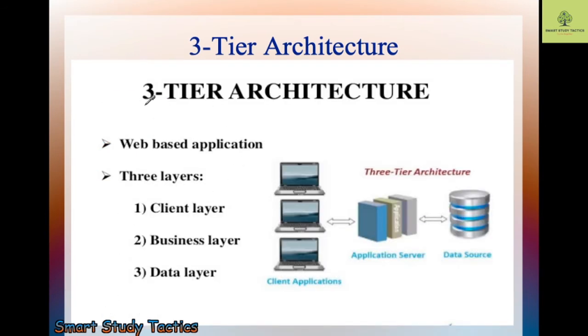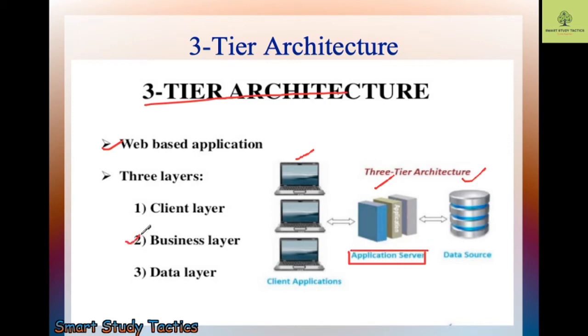Next we have the three tier architecture. So three tier architecture is the web based application. Here you can see there are three layers: first layer, second layer, and the third layer. The first layer is the client layer, and the third layer is the data source, the same as the previous two tier. But here you can see another layer, the application server. It is also known as the business layer.